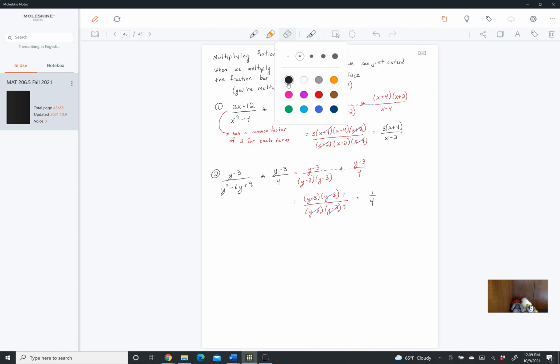Okay, let's talk about division. So division is the same thing in terms of you're essentially just reducing. You have one extra step.